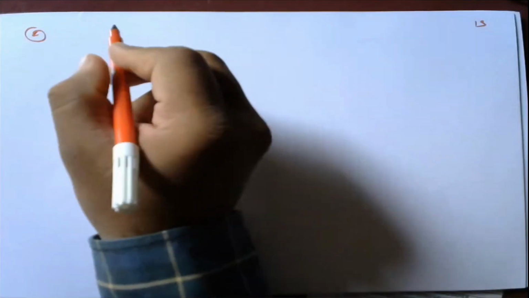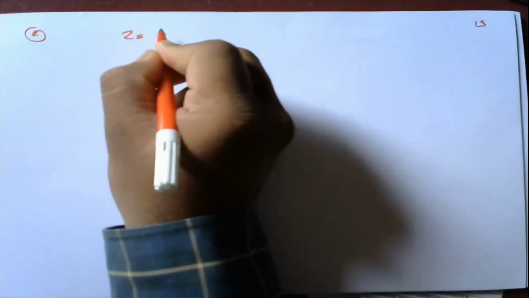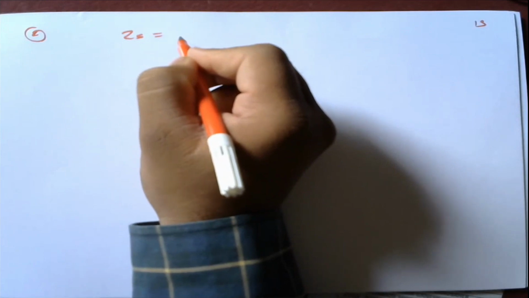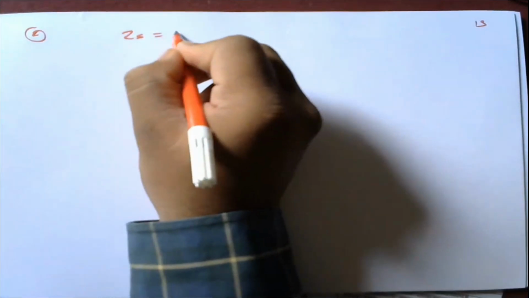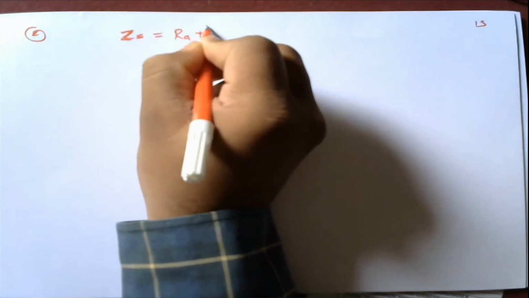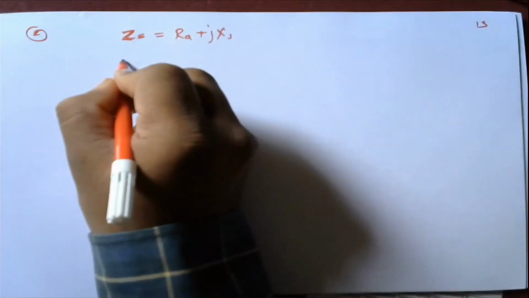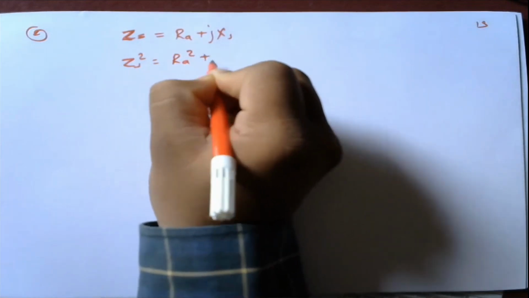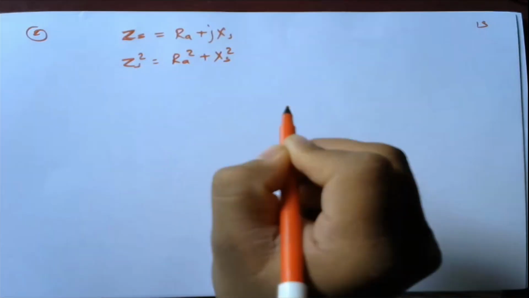Now, the second step: I got the value of ZS. Can you tell me what ZS is in terms of RA and XS? ZS is equal to RA plus jXS. If I want to calculate the magnitude, ZS square is equal to RA square plus XS square. Am I right?